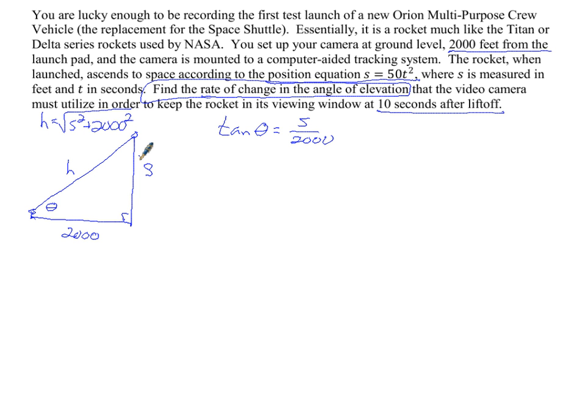No, I'm actually going to use this. The position equation, s equals 50 times 10, because we're talking about 10 seconds, and we're squaring that. So s equals 10 squared is 100, so that makes this 5,000. So at 10 seconds, the rocket is exactly 5,000 feet off the ground.